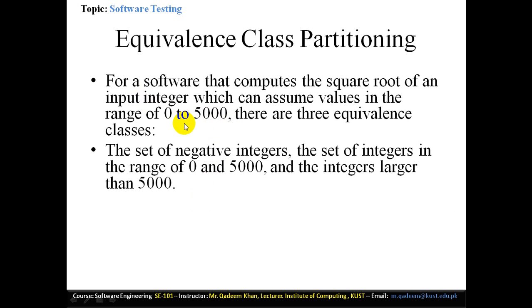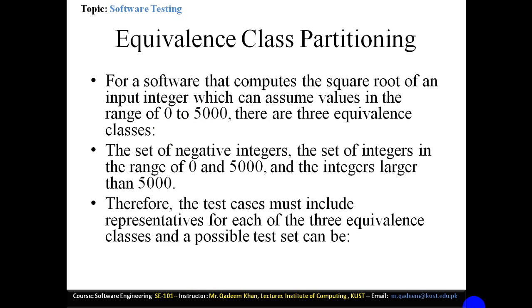The value which is in the range will be processed correctly, but for a value less than this range or greater than this range, the system must give us some false flag, so that the system is unable to process the data. Therefore, the test cases must include a representative of each of the three equivalence classes.